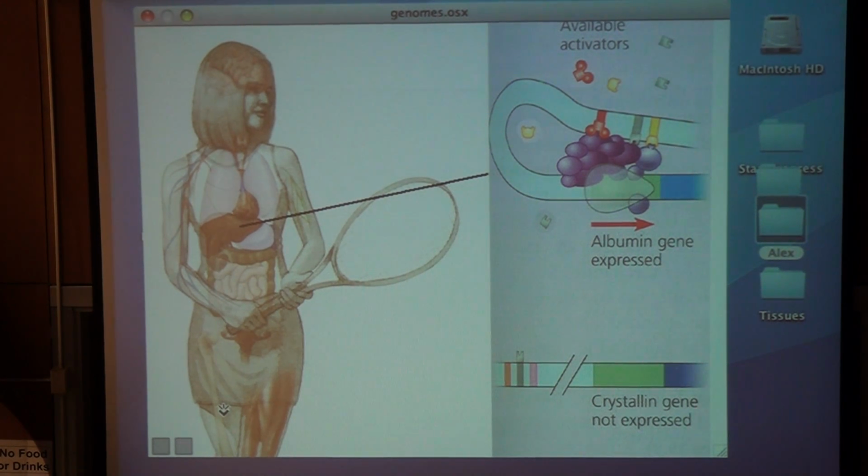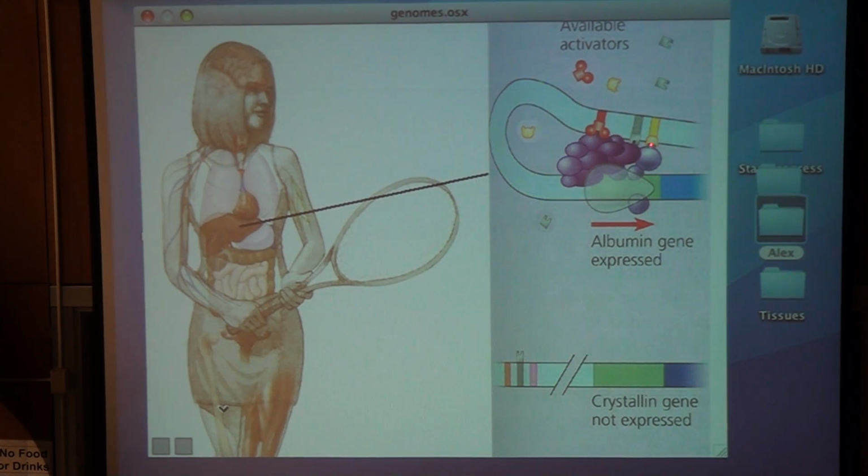Now, in a way, this is kind of a chicken and egg paradox, because you may say, all right, now I kind of understand why I have differential gene expression between the cells up here in my eyeball and down in my liver, but that comes down to which activator proteins they're expressing.